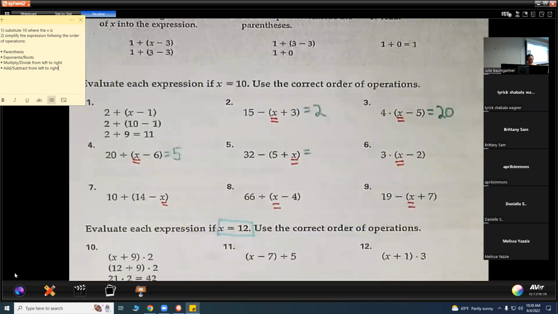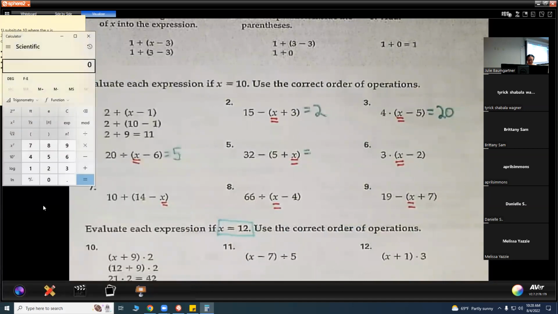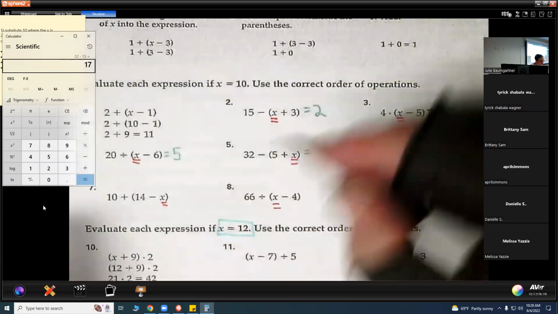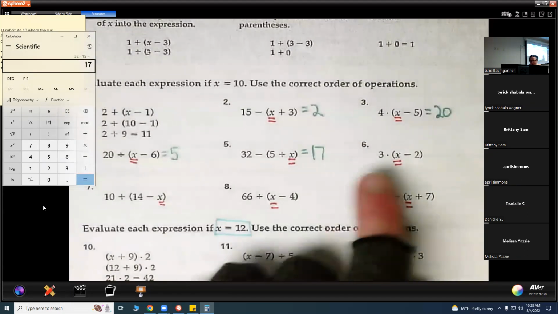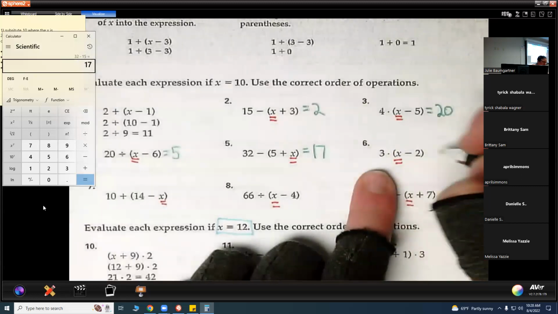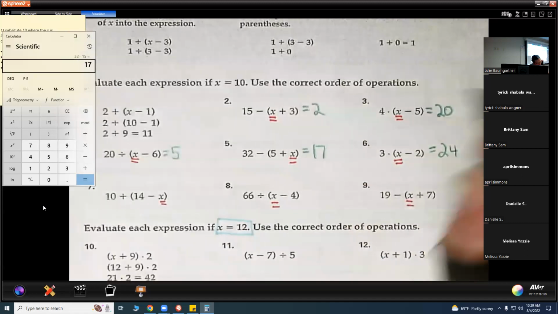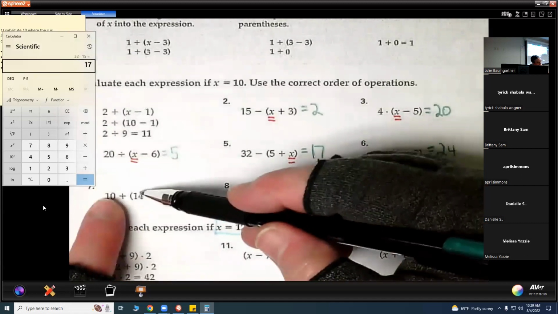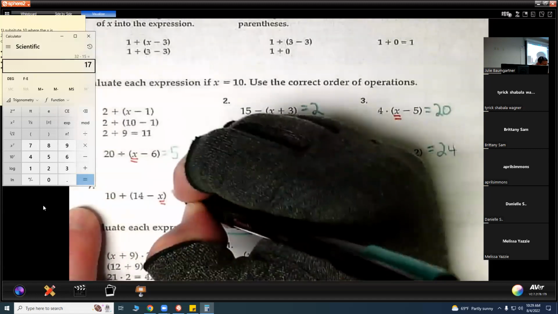Okay, great. Did anyone get this one? I was like, I'm not trusting my mental math right now. 32 minus 15. Okay, yes. Thanks, guys, for helping me be confident there. All right, and then here 10 minus 2 is 8. 3 times 8 is 24. 14 minus 10 is 4. 10 plus 4 is 14.